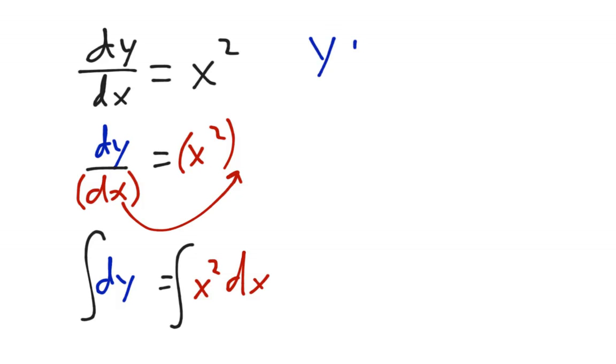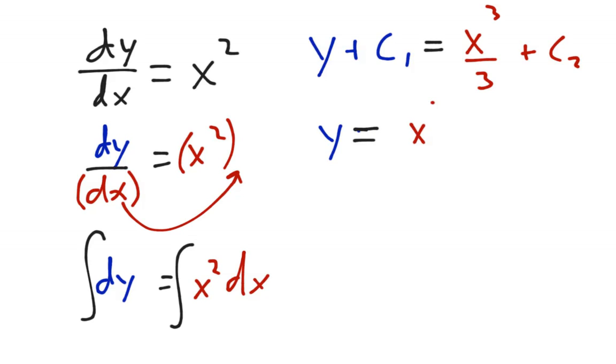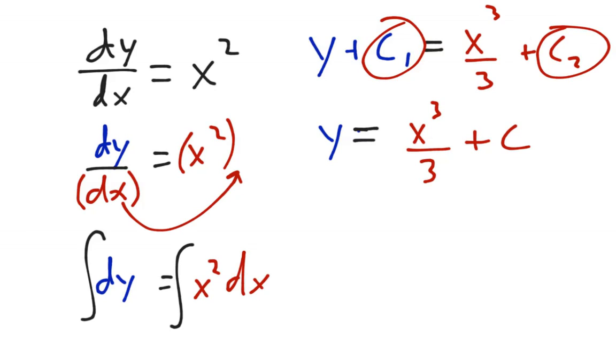I get y plus c1 equals the integral of x squared, which is x cubed over 3. I have a c2, and then I solve for y. And so y is going to be equal to x cubed over 3. And then remember, when you combine the two constants, you just get a general constant, which is c.